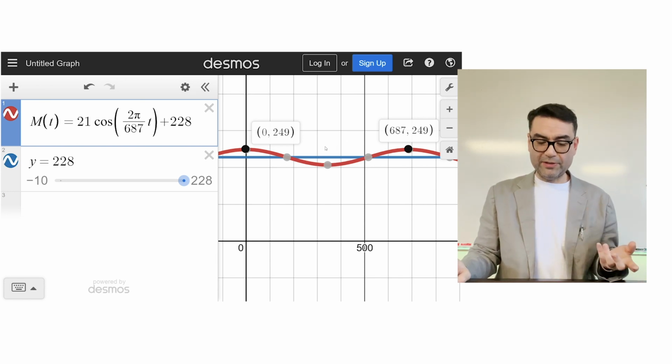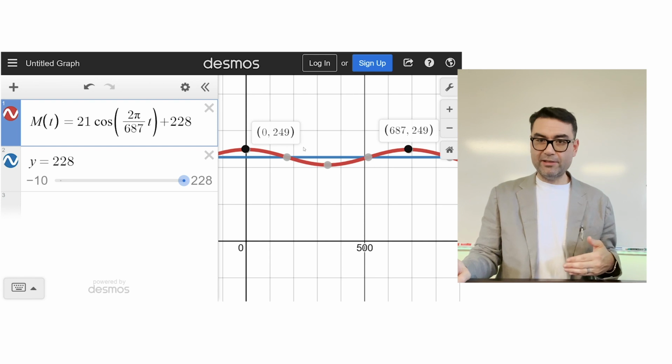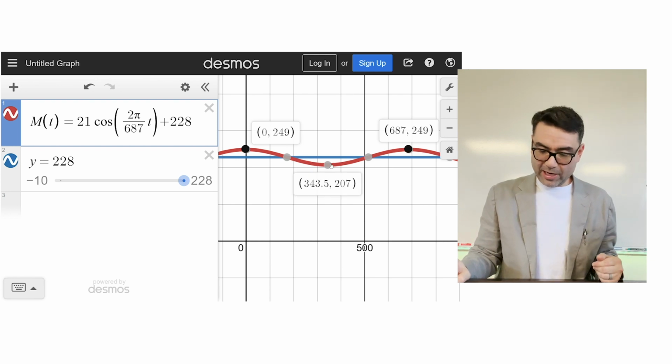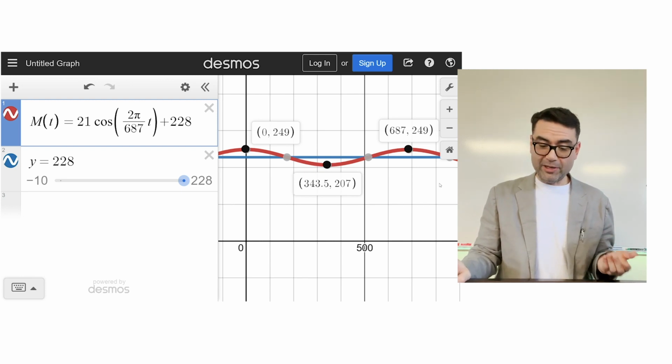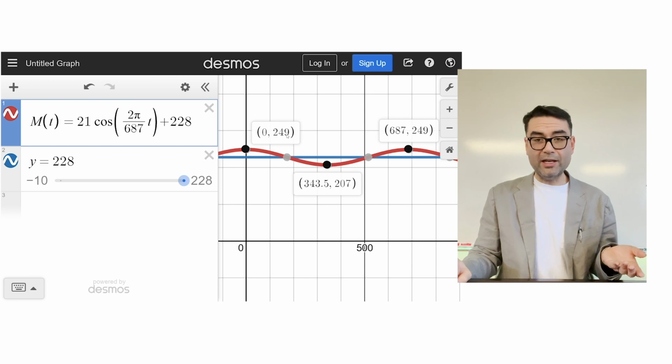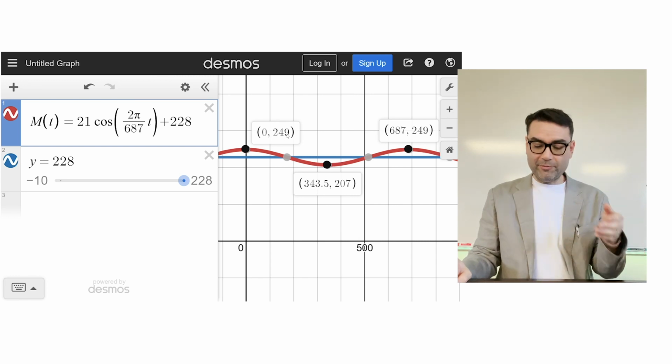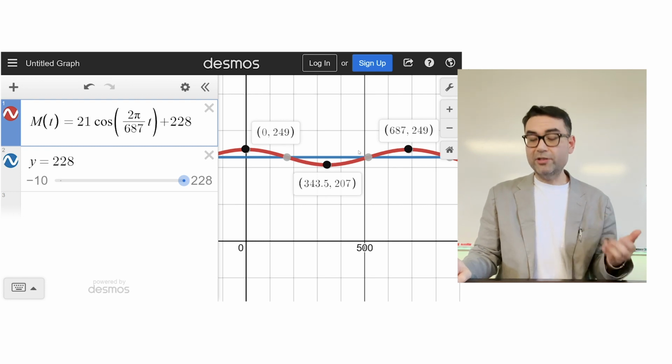So number 2 was asking us, what was the minimum? So we answered it's the midline minus the amplitude. And we can actually see here that if I click on this point here, we have 207, which is the same answer we got, because if you visualize from the midline, you're either 21 million kilometers above the midline, which is why our maximum is 249 according to the graph, and our minimum would be 21 million kilometers below the midline value of 228, which is 207.